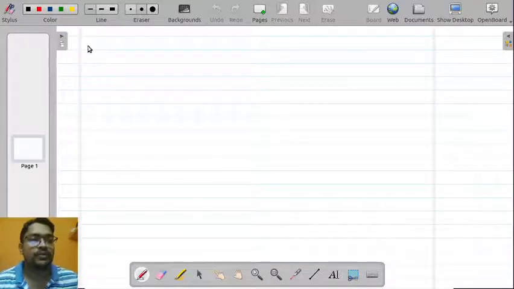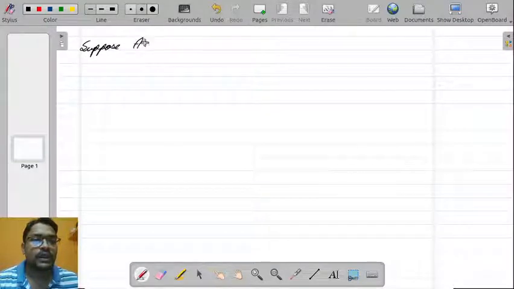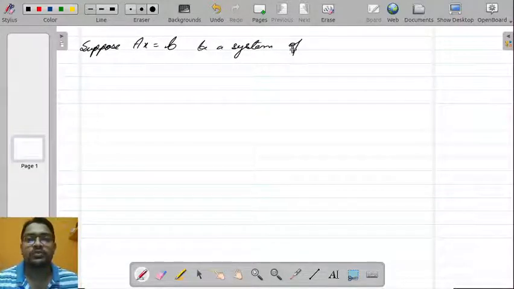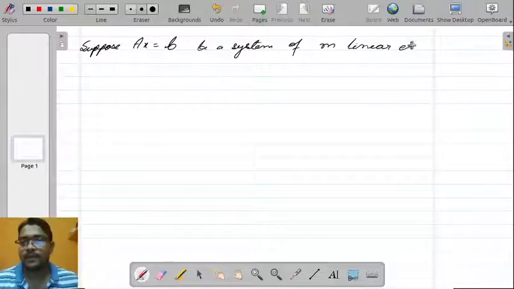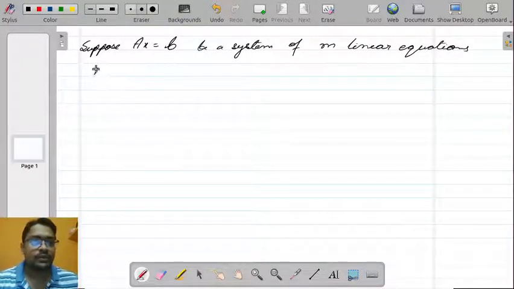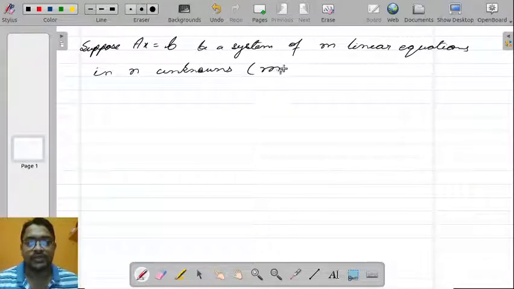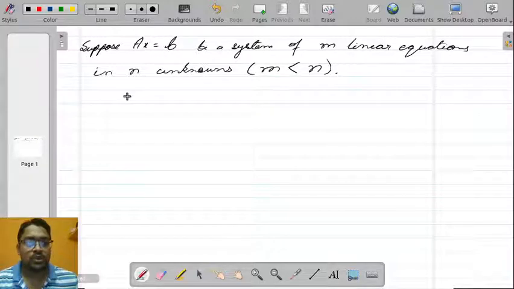Suppose Ax = b is a system of m linear equations in n unknowns, where m is strictly less than n.